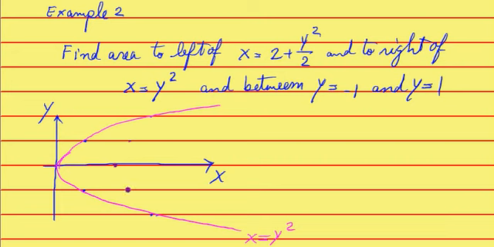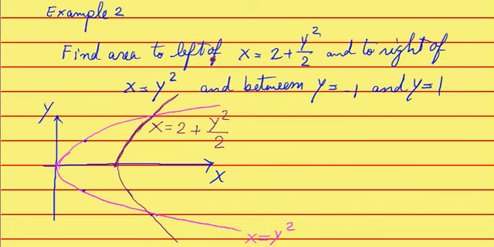So it's a rather wider parabola. When y is equal to 2, this makes 4. So this is a picture of x is equal to 2 plus y squared over 2.